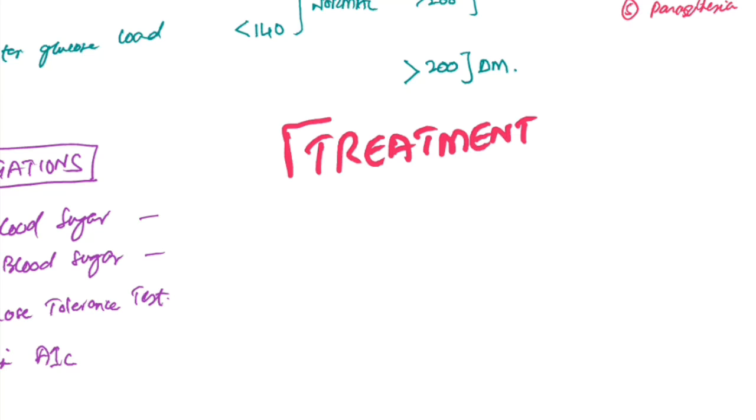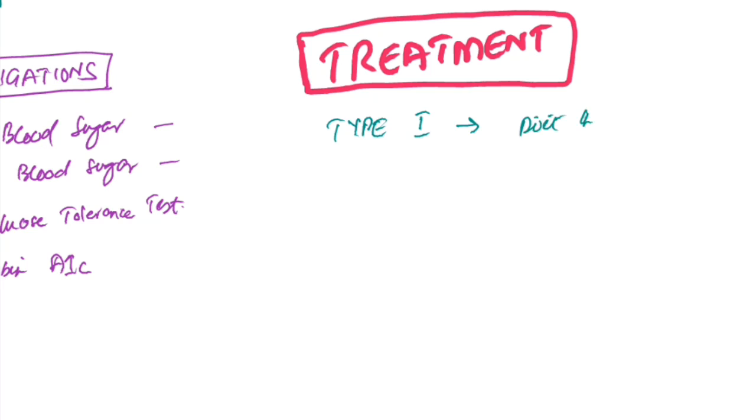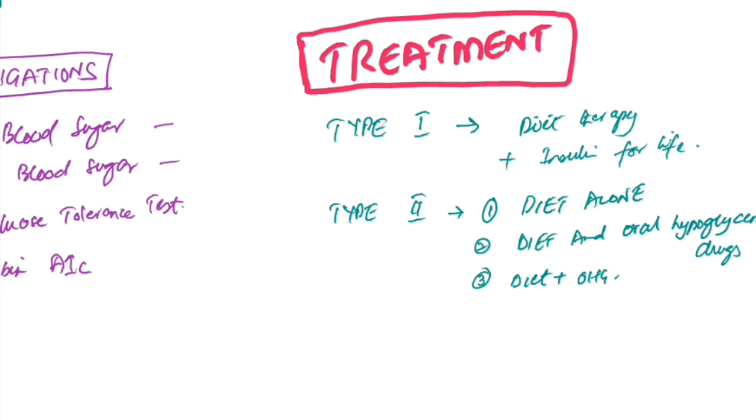And now the treatment. The treatment for type 1 diabetes is diet therapy as well as insulin for life. For type 2 diabetes, according to the severity, the treatment is decided. In the very initial stage, diet alone can be the treatment for diabetes, but as it progresses, diet plus oral hypoglycemic drugs are used, and if the condition does not get any better, then insulin is added along with diet therapy and oral hypoglycemic drugs.